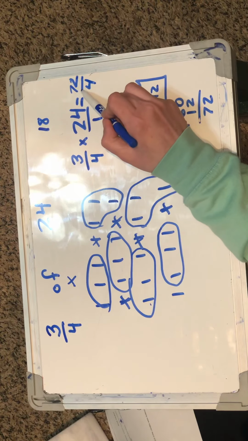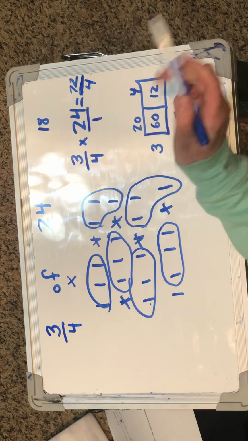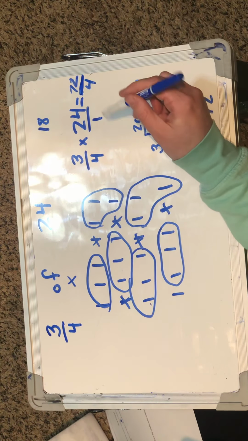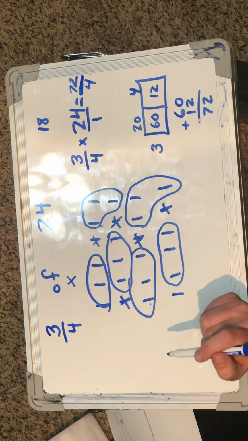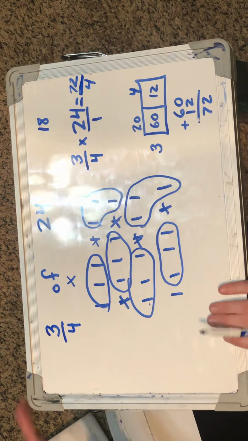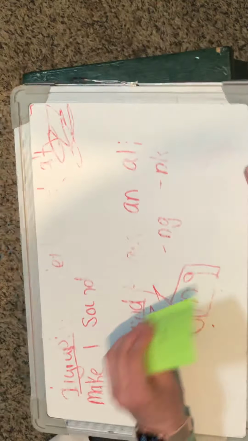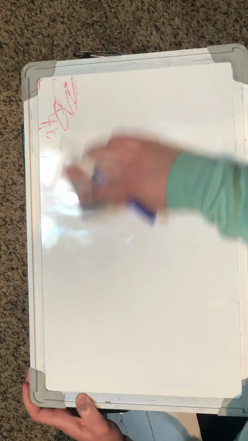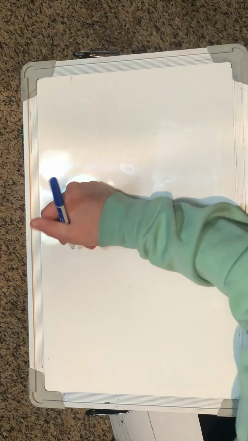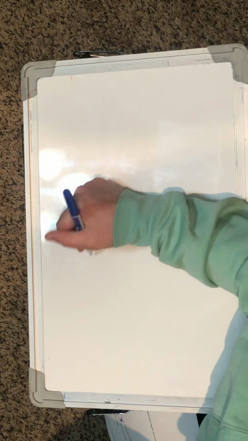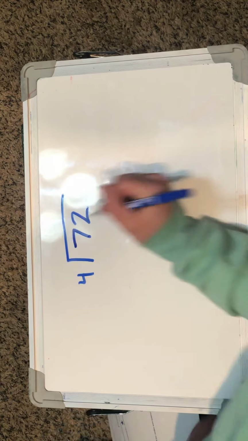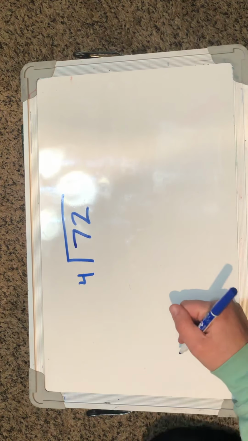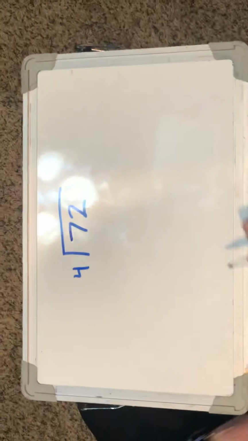We know, though, that this fraction line means divide. So I'm not done yet. I need to divide 72 by 4. I'm going to flip this over so I have a little bit more room, because we're going to review 72 divided by 4. I want to make sure that you remember what this looked like when you did it.